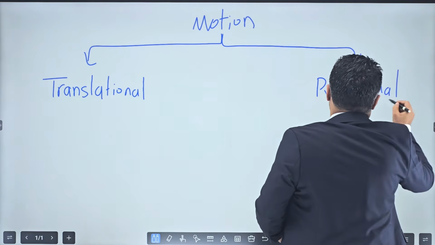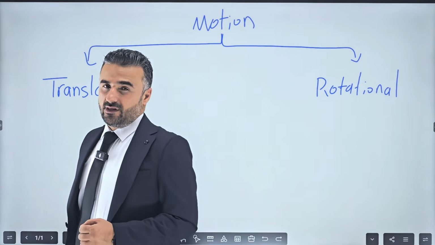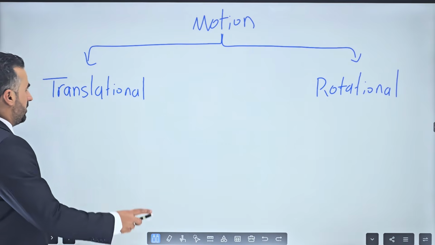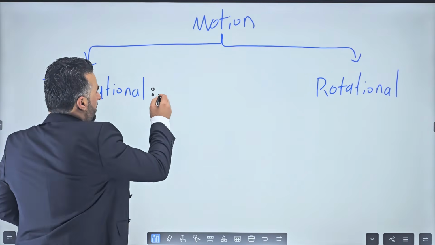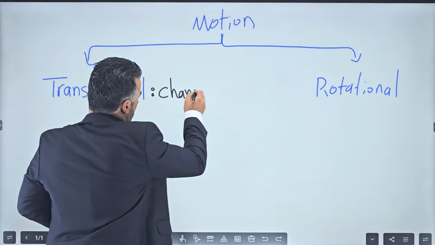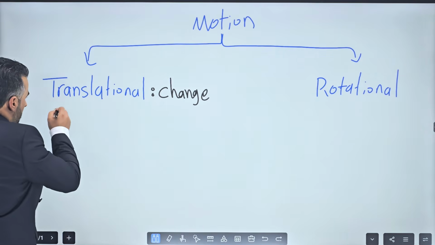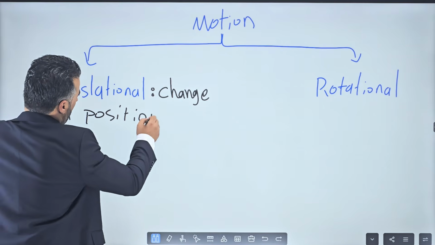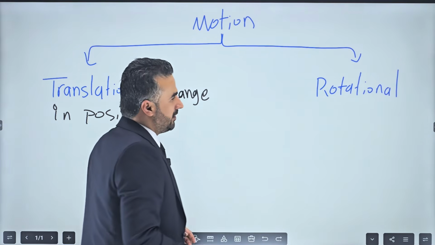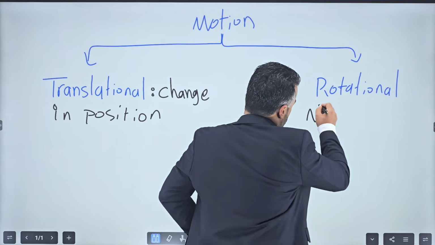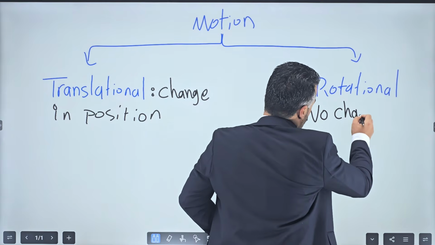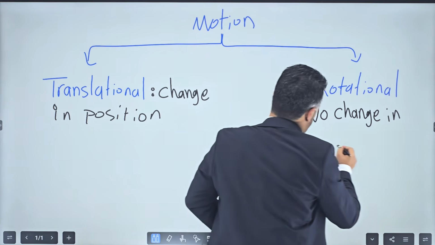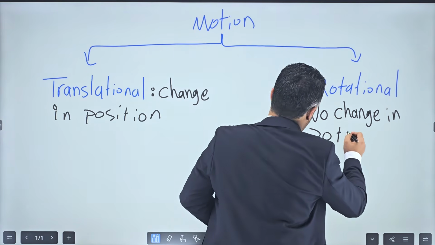Now, what is the difference between the 2? Whenever we have translational motion, that means there is a change in position. And when we talk about rotational motion, there is no change in position, or location.